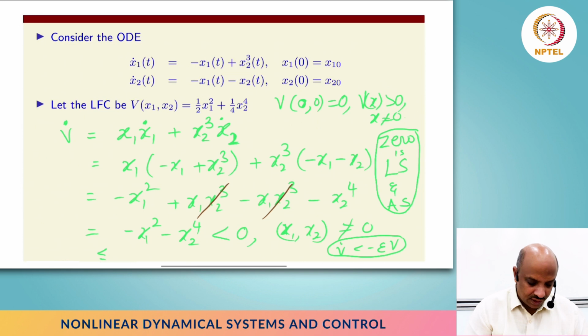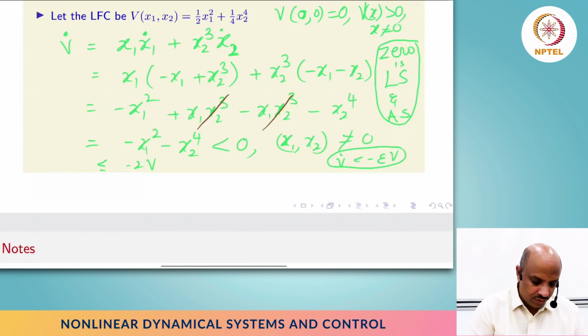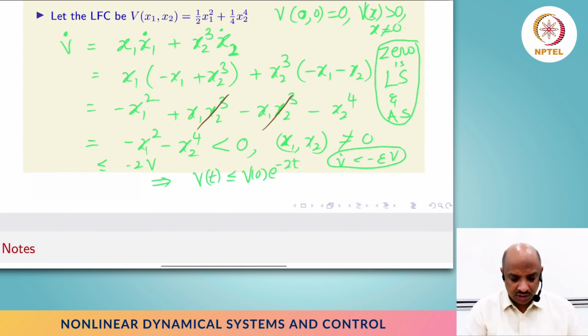By just realizing that, one can show that this is indeed less than minus 2 times V. So we will get a conclusion that this implies V of t is less than or equal to V of 0 e raised to minus 2t, or something like that.